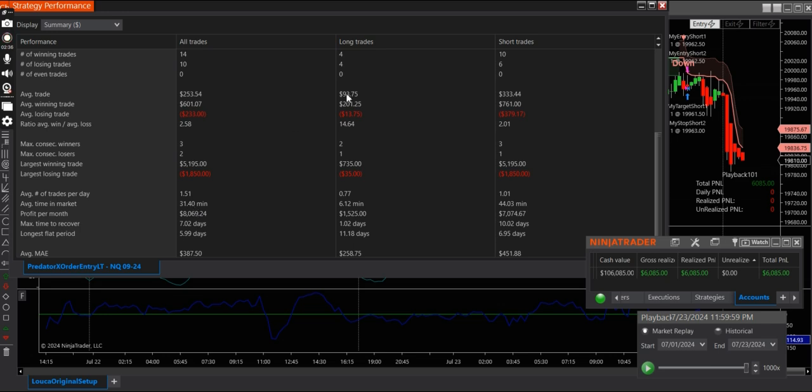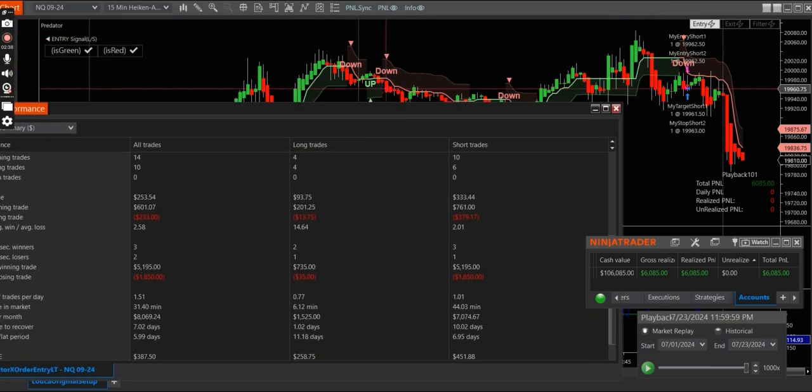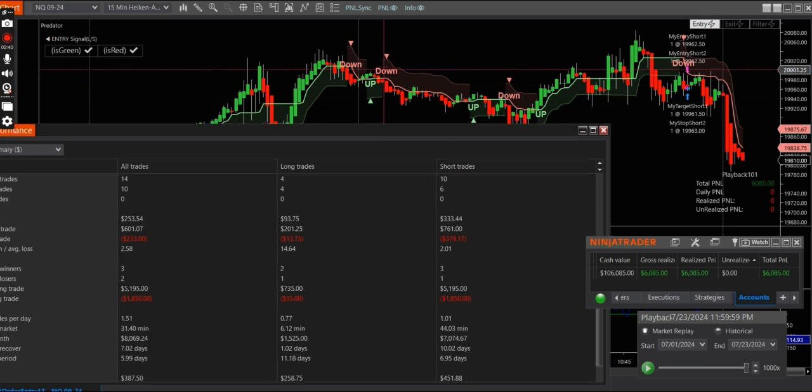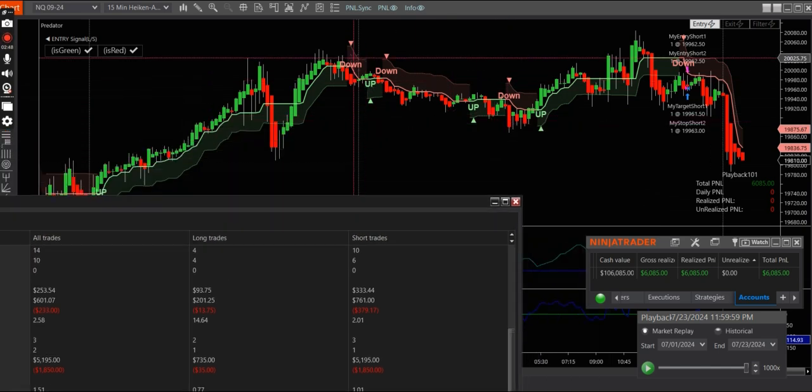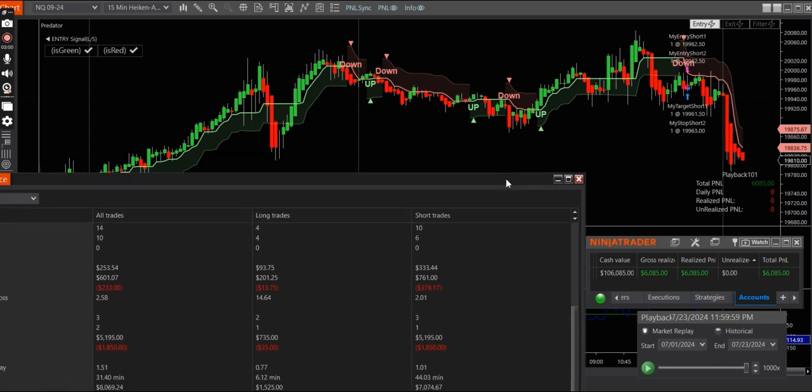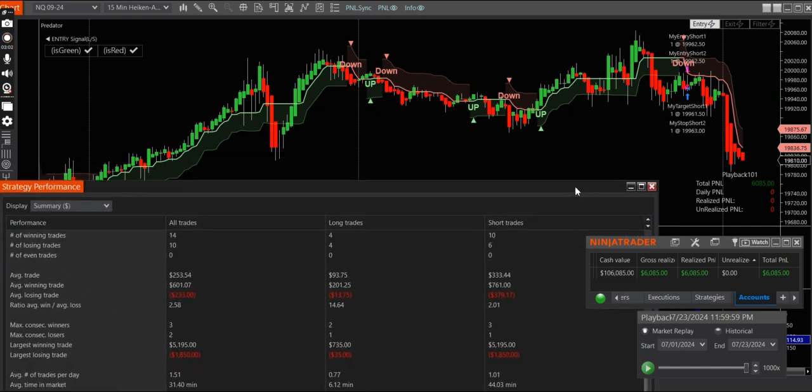I did notice with the strategy that I'm using the Predator, and what the Predator does is it detects the signal and takes a trade. But I noticed that it does not take every single trade. Notice on the chart, I don't have my markers and plots. Here it took a trade, but didn't take a trade here or here or here. Maybe that's a good thing, because then I probably would have been stopped out.